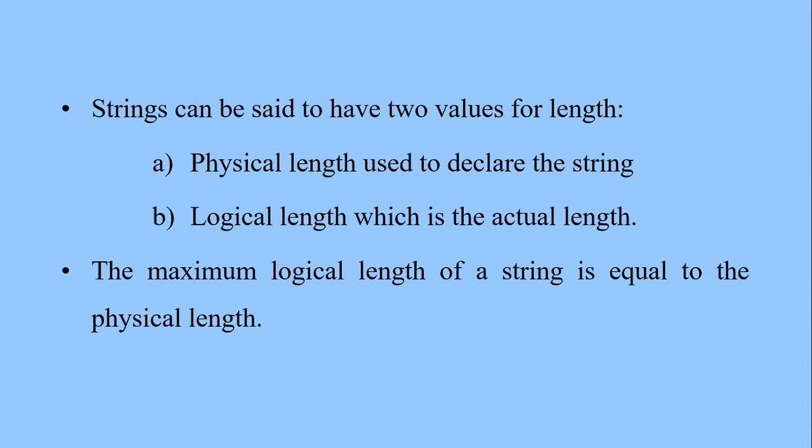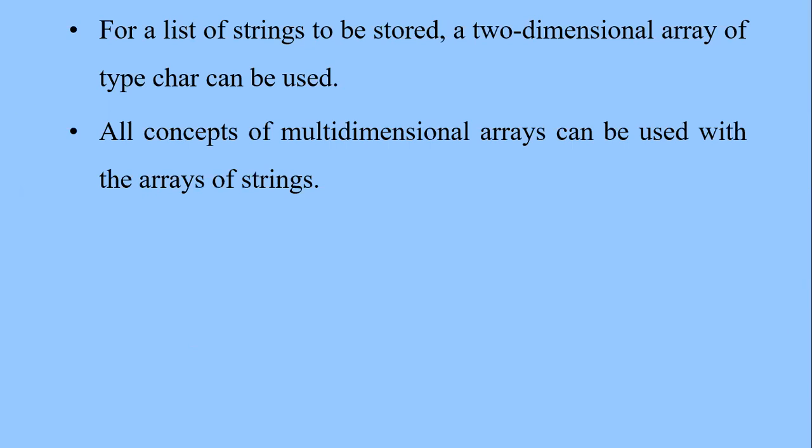The maximum logical length of a string is equal to the physical length. For a list of strings to be stored, a two-dimensional array of type char can be used. Or concepts of multi-dimensional arrays can be used with the arrays of strings.